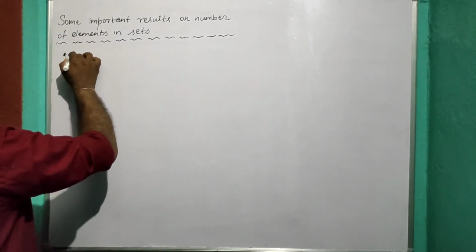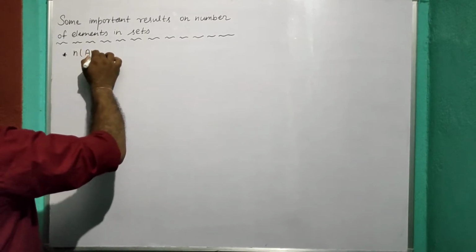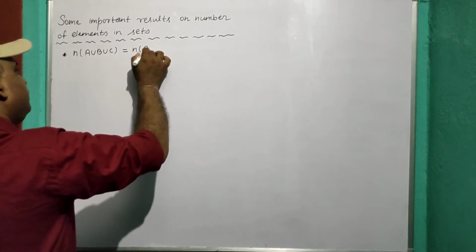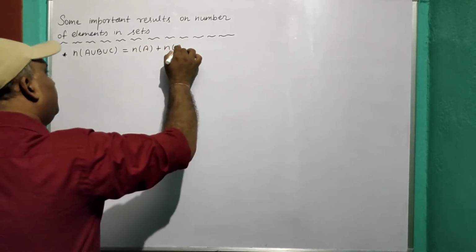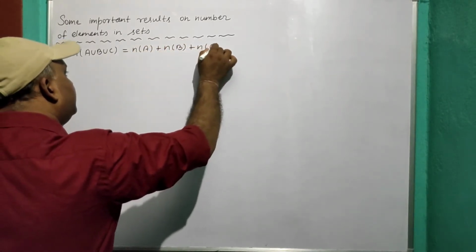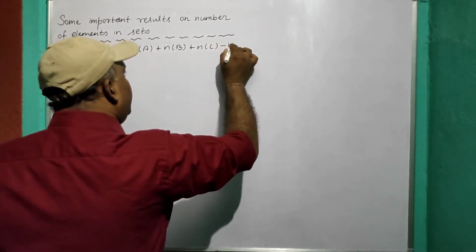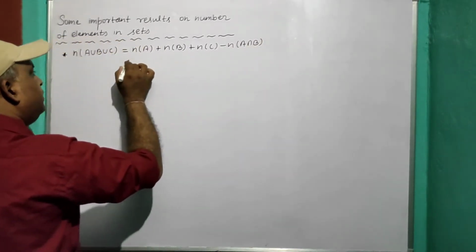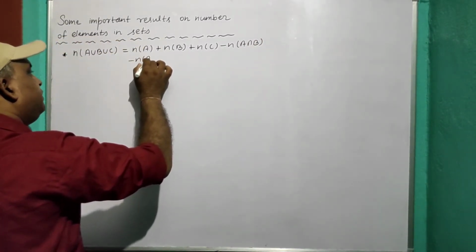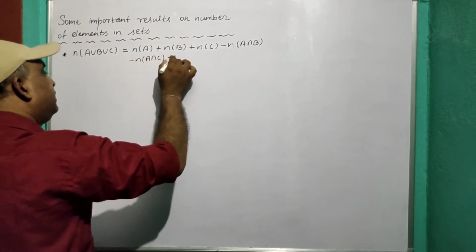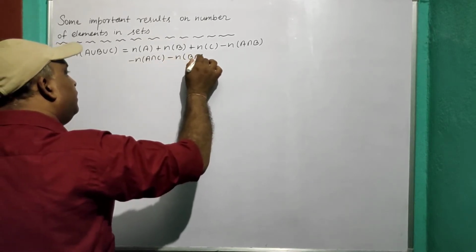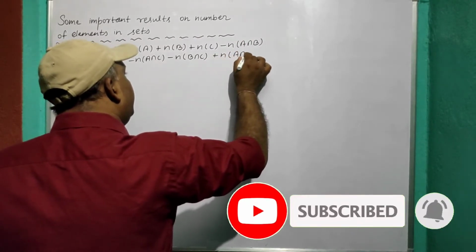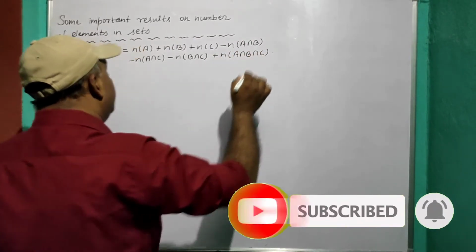That is n(A union B union C) is equal to n(A) plus n(B) plus n(C) minus n(A intersection B) minus n(A intersection C) minus n(B intersection C) plus n(A intersection B intersection C).